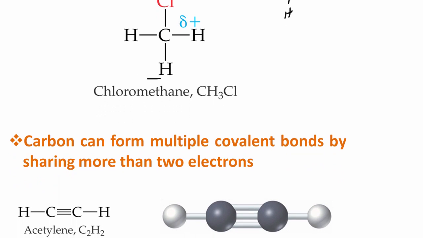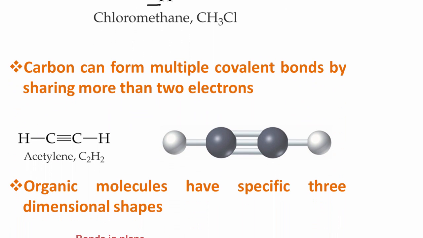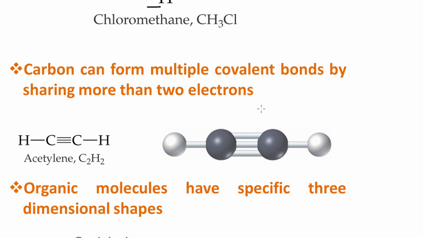Carbon can form multiple covalent bonds by sharing more than 2 electrons. So for example, in acetylene here, we have a carbon-carbon triple bond. In this bond, we have 3 pairs of electrons being shared for a total of 6 electrons being shared in the triple bond.